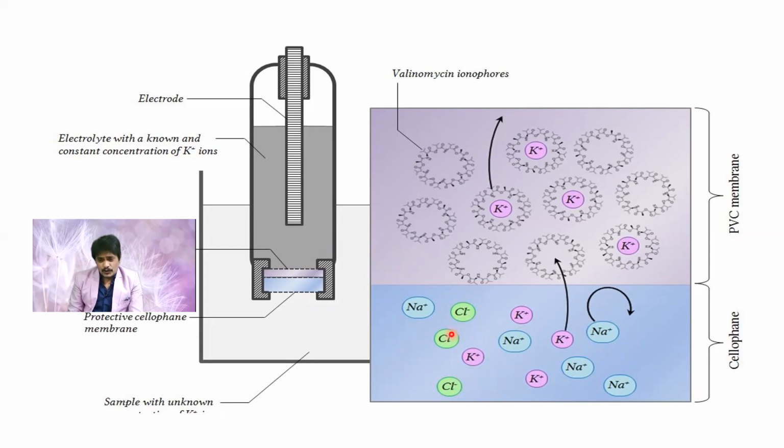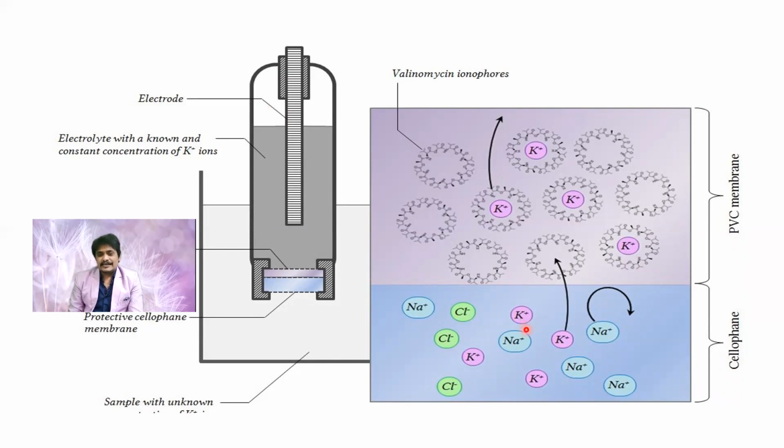Now, even though so many ions are a part of this solution, our ion selective electrode is selective or specific only to the potassium ions.